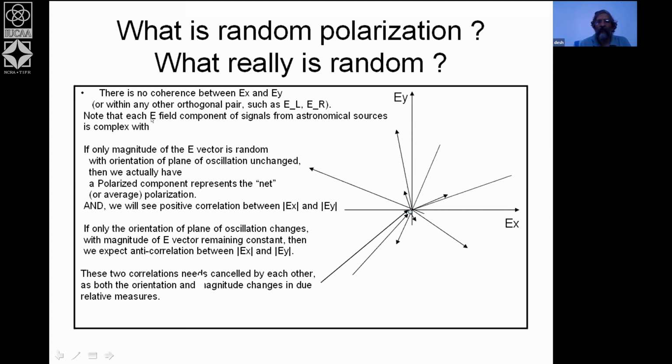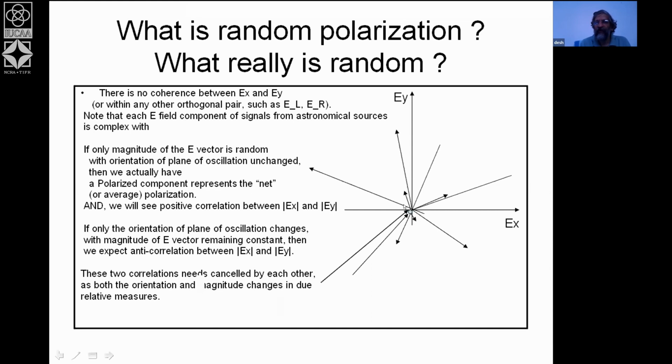And we of course know that the electric fields we encounter are complex entities, in the sense they have magnitude and phase. So if we were to have only the magnitude of the electric vector changing randomly, then you will find that the orientation of the plane of oscillation would be unchanged.